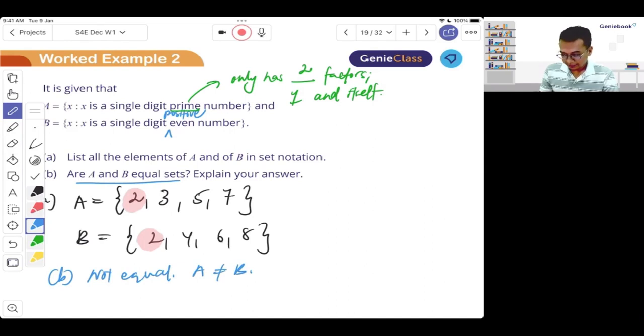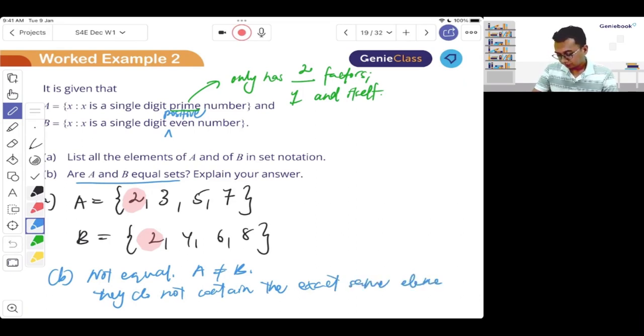So let's explain. The reason is because they do not contain the exact same elements. Even though n(A) is equal to n(B), because in this case n(A) equals 4 and n(B) equals 4, the same number of elements, I need two conditions to be true.